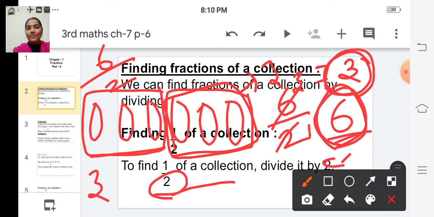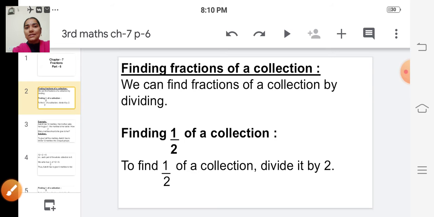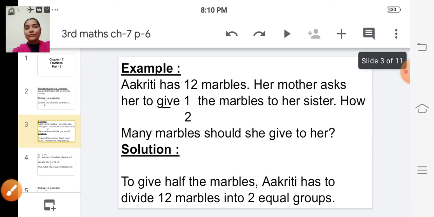Is it clear? So we will see some examples. See the first example. Akriti has 12 marbles.